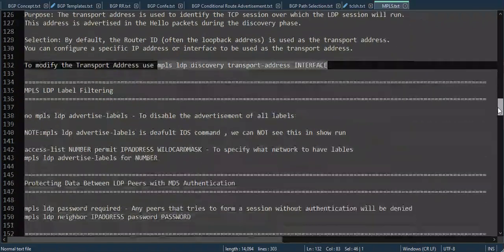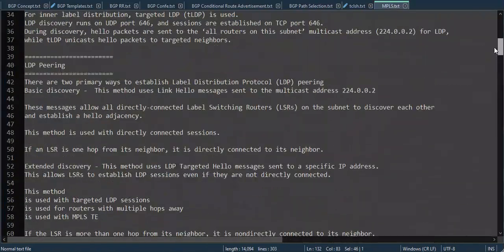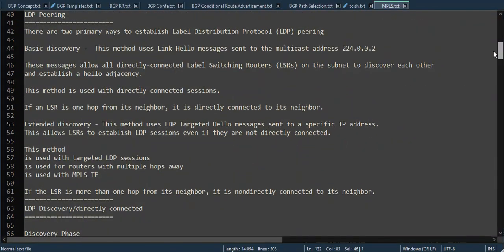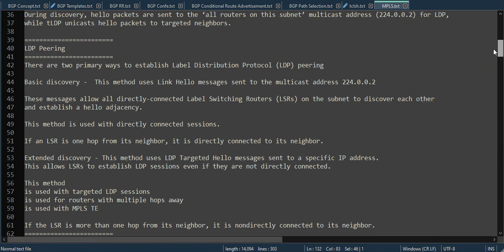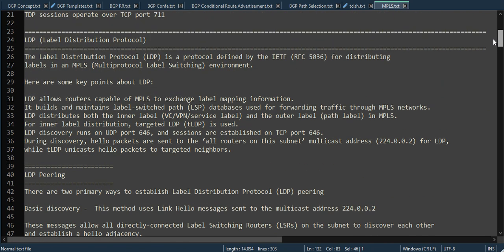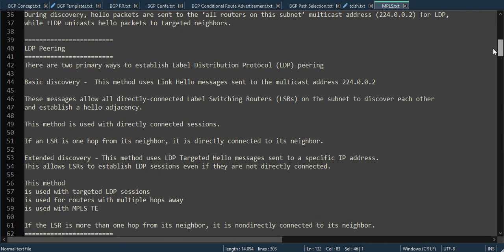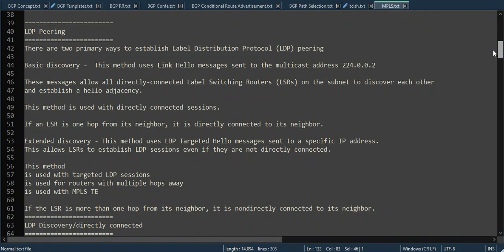Okay, in summary, there are two primary ways to establish a session: basic discovery and extended discovery.